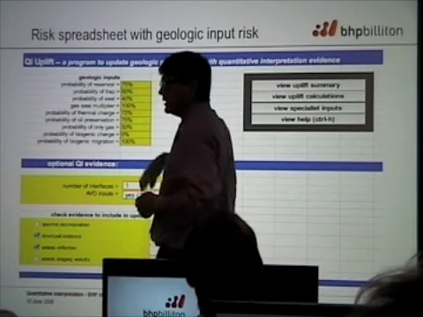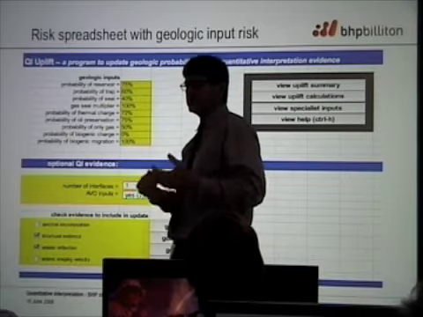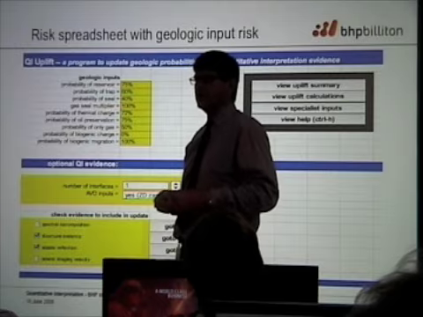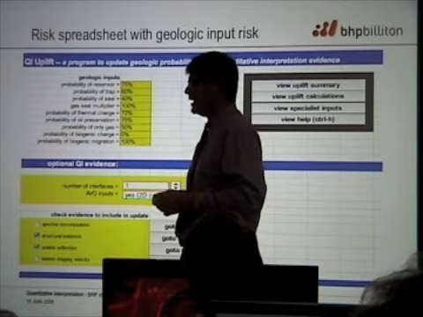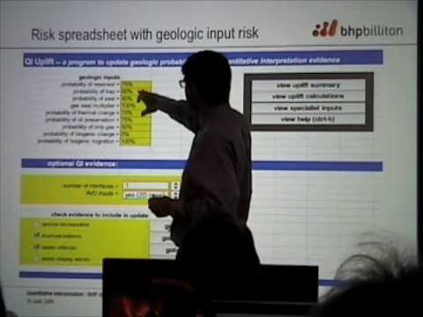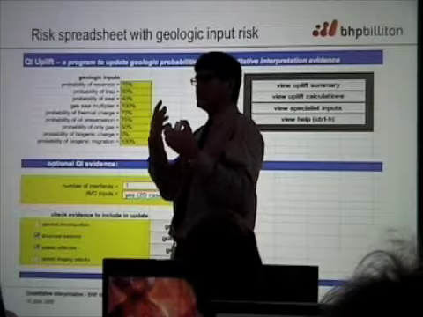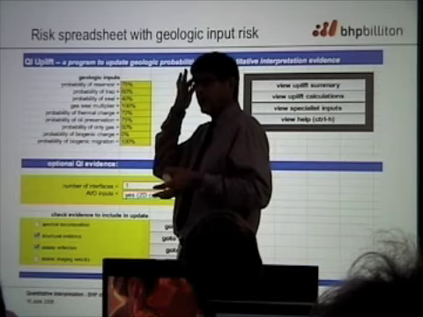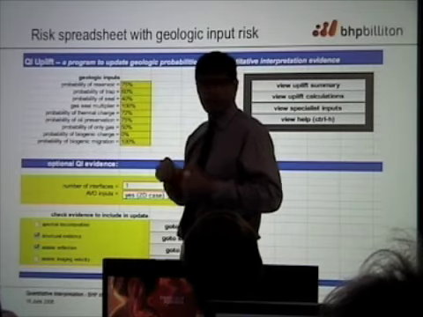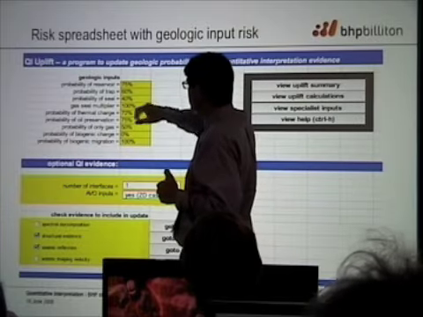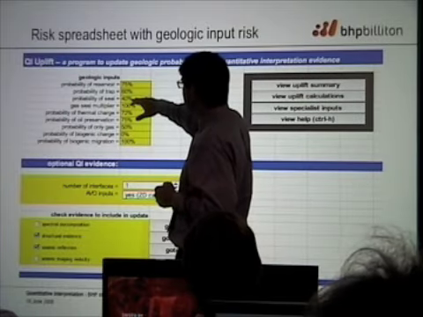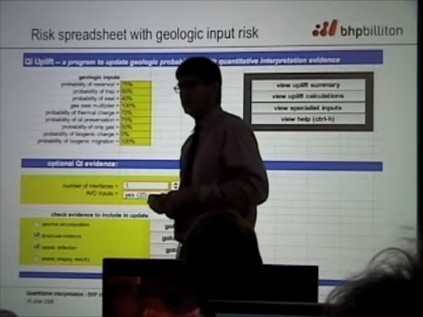What's the probability of a trap, okay? Is there a robust structure there? Does it look like we have stratigraphic trapping elements? That's looking at the geometry of fault networks and the like associated with the seismic. The probability of seal, okay?